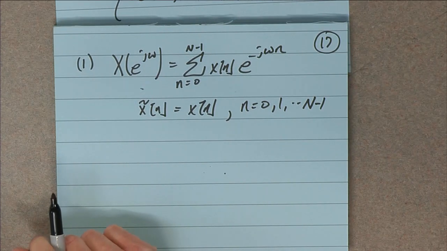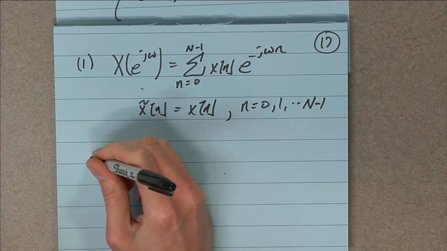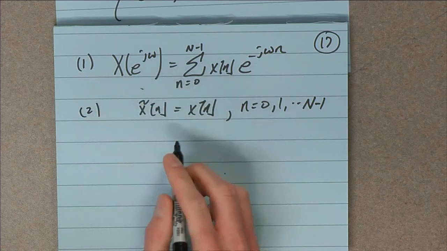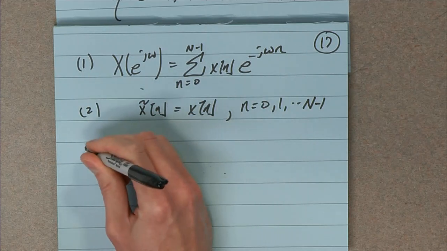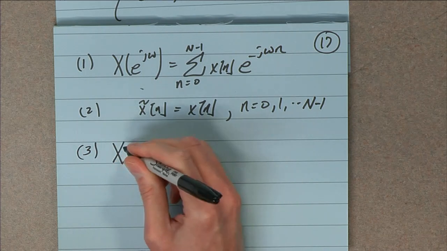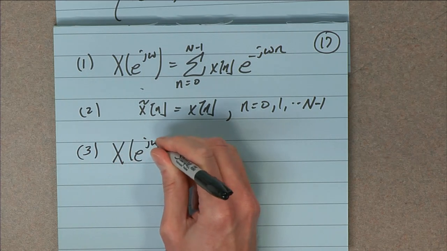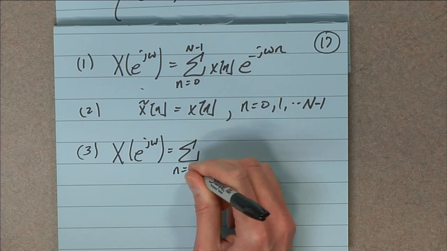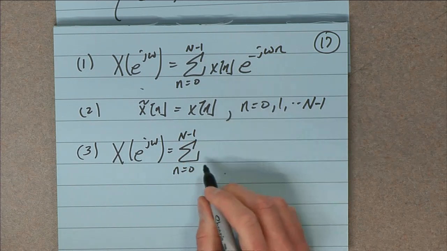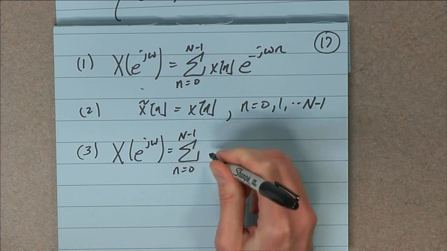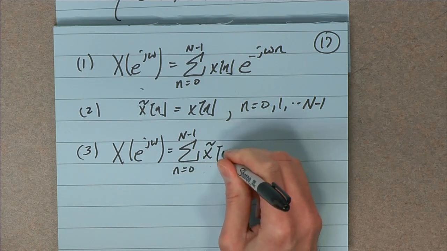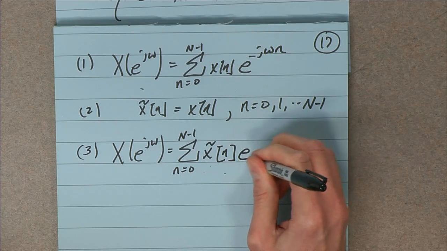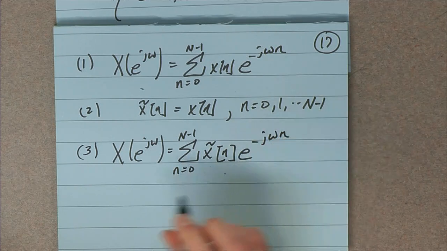So what we could say is, using this relationship, I know that X of e to the j omega could be the summation, but since the summation goes from 0 to N minus 1, these are the same under those conditions. So I can make that substitution.